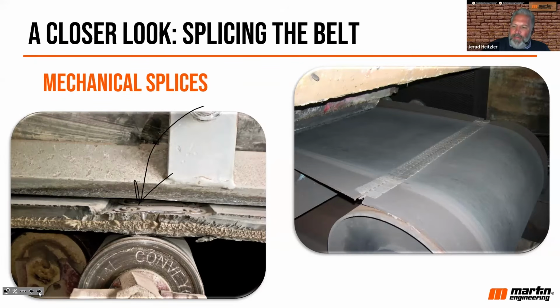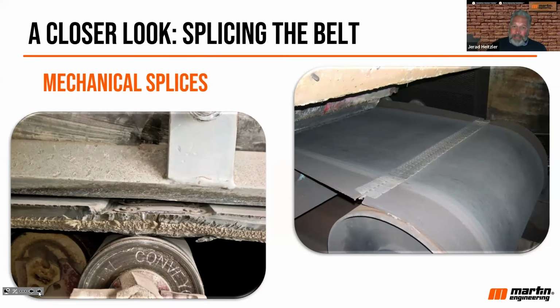Another concern is if that splice protruded far off the surface of the belt. As that splice comes through, it will lift up that skirting, and that also could cause dust to escape from that sealing system. So you want to make sure that any mechanical splice is skived so it's as close to the surface of the belt as possible.